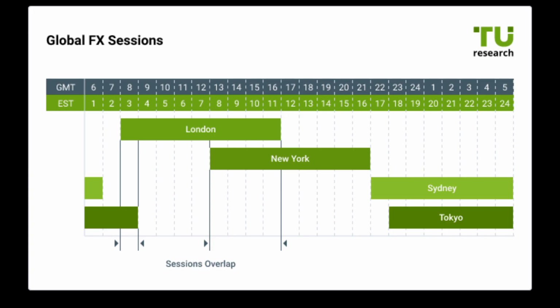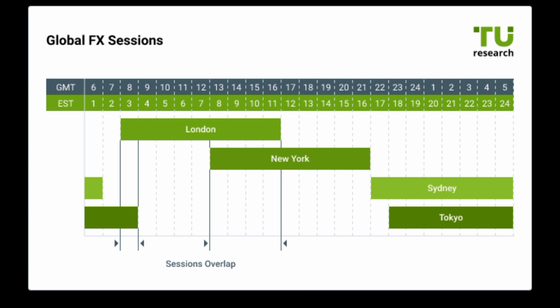I'll be mentioning overlap. Overlap is a scenario whereby two sessions are open at the same time, because before one session closes, another session tends to open. When both sessions are open at the same time, there tends to be high liquidity and volatility in the market.